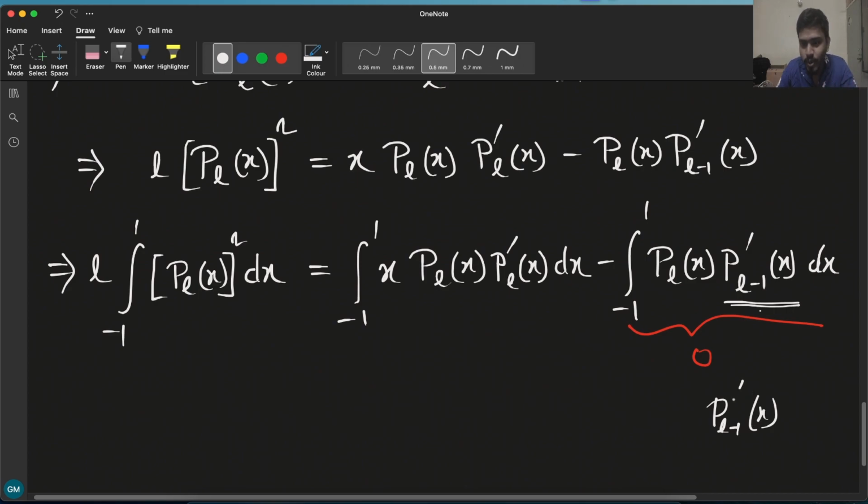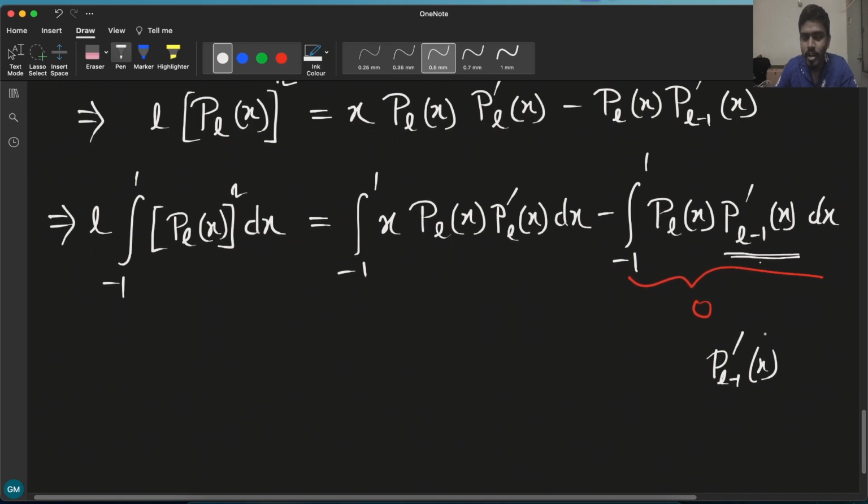And if I take P'_{l-1}(x), then the highest power of x present is l-2. So if I want to write it in terms of Legendre polynomials, it will be a sum over n from 0 to l-2 of C_n P_n(x), right?